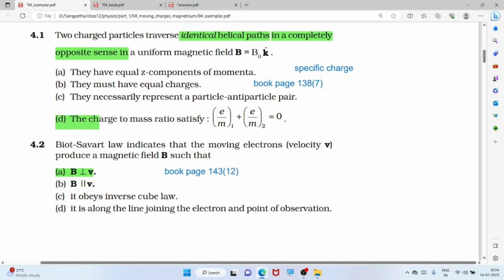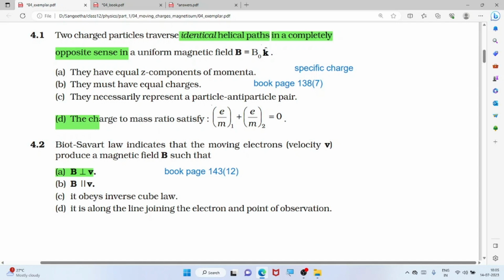Two charged particles travel identical helical paths in a completely opposite sense, and the uniform magnetic field is in this direction. Then they are asking which one to select. This is the charge to mass ratio, that is the specific charge.